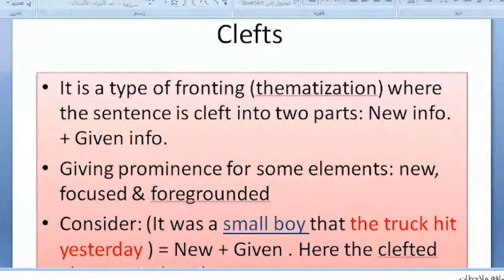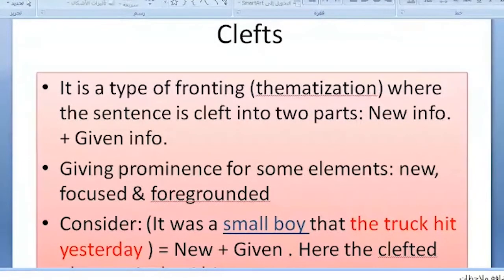So as a speaker, I know what is the most important element. I know that element which the hearer does not know. Now, the same example, but I'm going to change the element being emphasized. It says, it was a truck that hit the small boy.